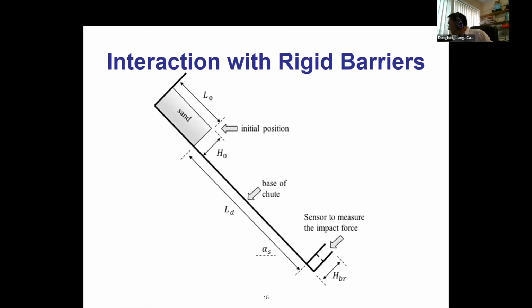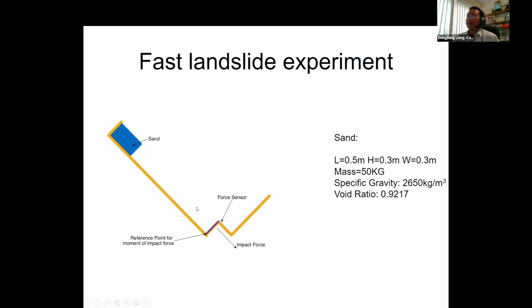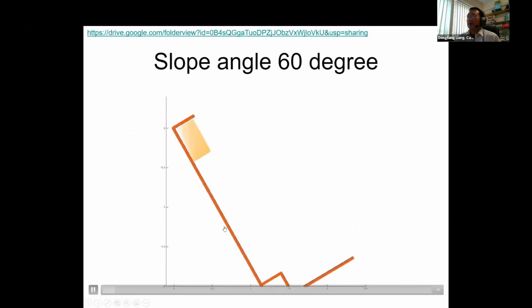We also run simulations to calculate the impact force and overturning moment of the retaining wall during the landslide. In order to prevent particles escaping from the domain, we add this L-shaped wall, but only the force on this short downstream wall is computed.